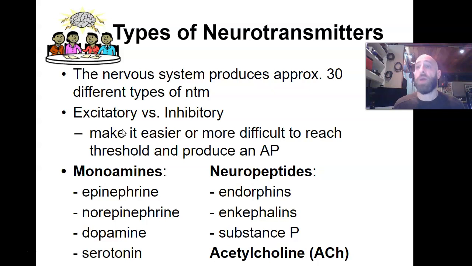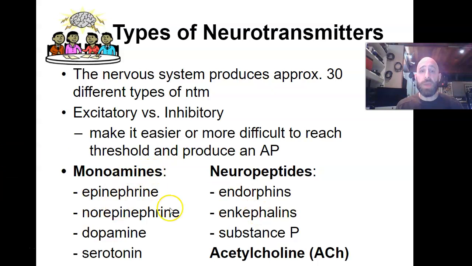But for right now, just understand that there's going to be either an excitatory neurotransmitter, and that's going to make a neuron fire off, and there's going to be an inhibitory neurotransmitter, and that's going to prevent a neuron from firing off. And we always have both being used all the time, and it's a little bit of a tug of war as to which one is going to have more of an impact. But we'll go into that later.